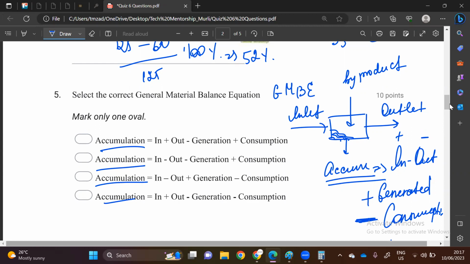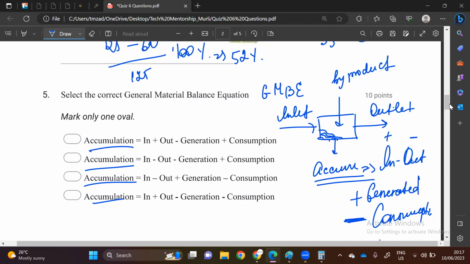Most of the students are confused by the general material balance equation, but my recommendation is to know about their signs. For example, inlet is always plus, outlet is always minus, generation is always plus. It can also be minus, but most probably you will see it's plus. Next, consumption is always minus. Then these generated terms, let's say, will be equal to accumulation.